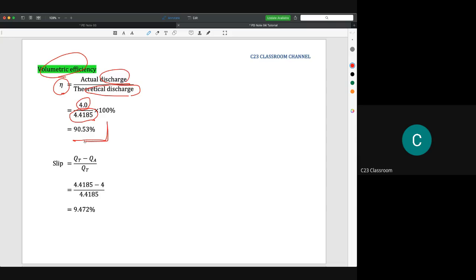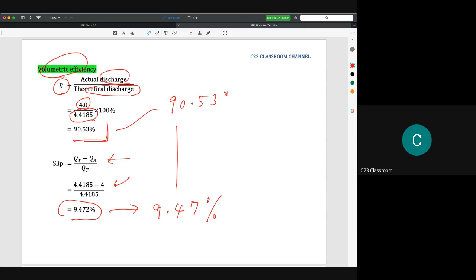And then to calculate the slip, we have this equation. We substitute the values, and we get around 9.47. It is good for you to know this as 9.47%, because this number and this number actually must add up to 100%.